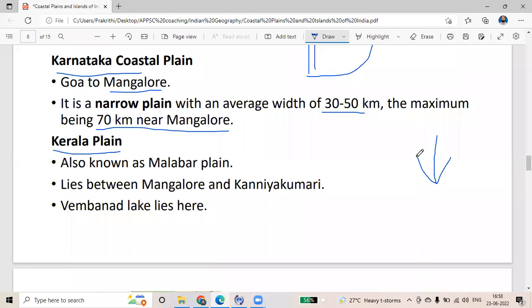An important feature here, as I said, is the multiple kayals or backwaters and lagoons. One of the important among them is the Vembanad Lake, one of the biggest lakes in India. Vembanad Lake lies in this Kerala plain region.